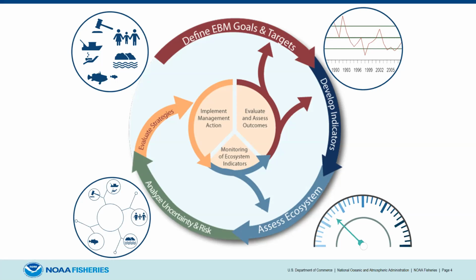And then the fourth step is to analyze uncertainty and risk. Here you want to figure out what your probability is of an undesirable outcome to management. You can do this a number of different ways, whether it's a qualitative or a quantitative model to address the risk.